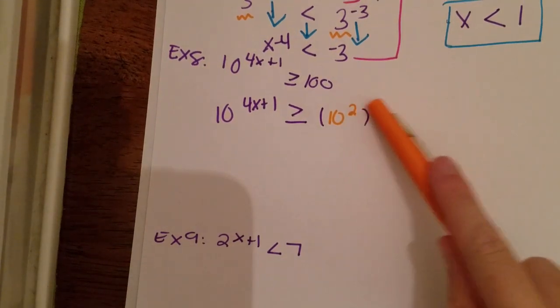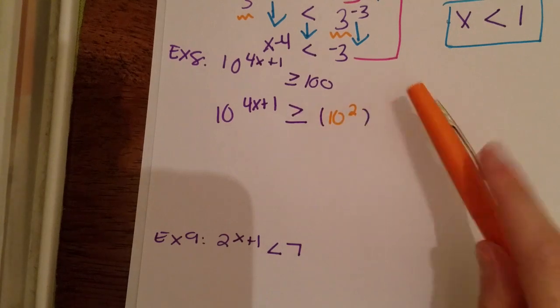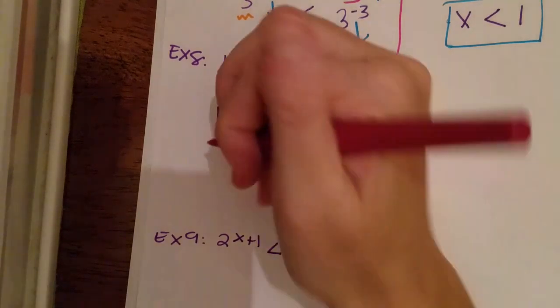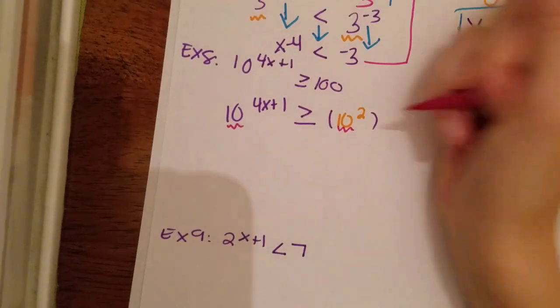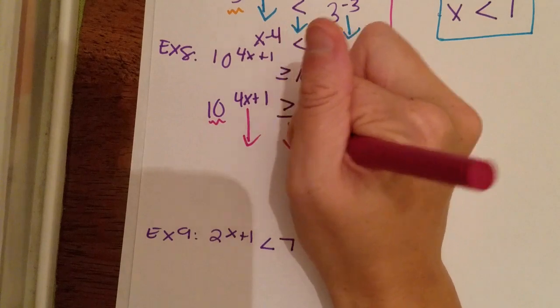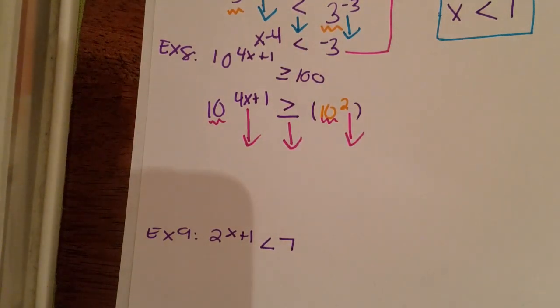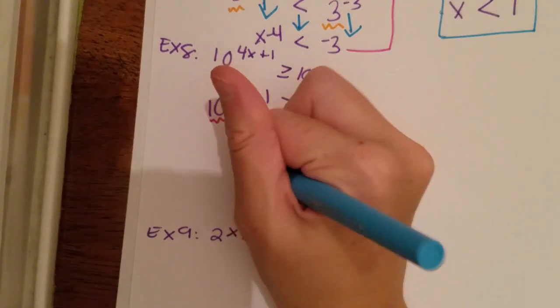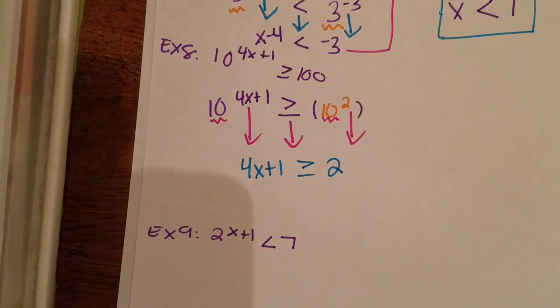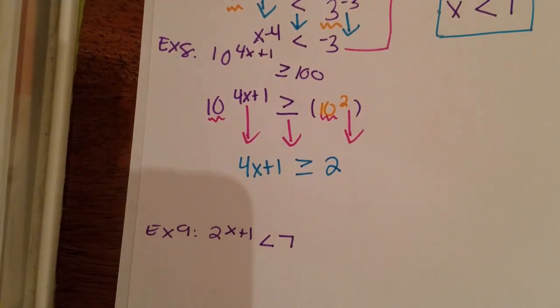Okay, which I don't have any exponents to combine. We don't have exponents next to exponents, okay? So now that we have the same base on both sides, we have a 10 on both sides. Now we can drop down our exponents as well as our inequality. So I will currently have 4x plus 1 is greater than or equal to 2. And from here, you guys, we just solve for x.